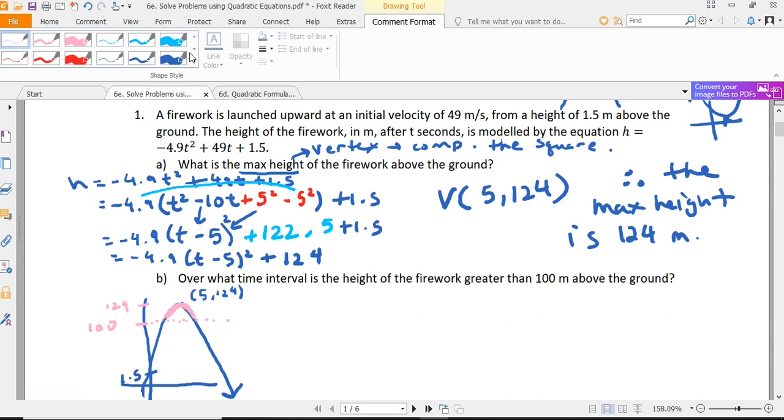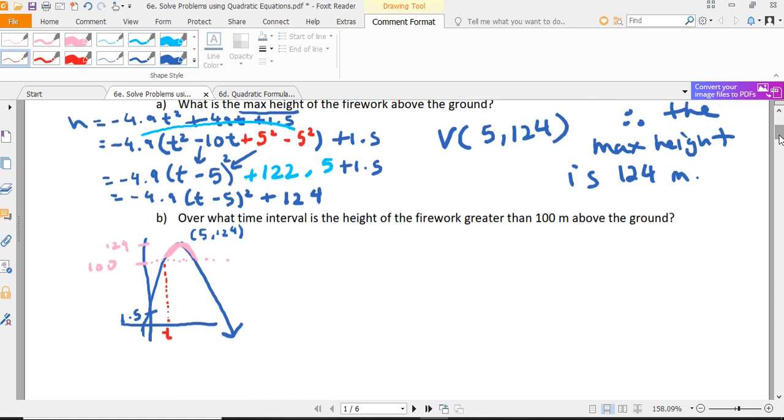Well, to figure that out, I need to find at what time it is even at 100 meters. If I could find out what time this is, and then find out what time this is, wouldn't that tell me the interval in which this is above 100 meters?